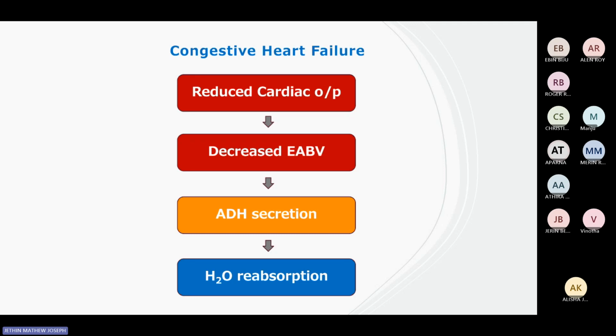We talked about the baroreceptors in the atrium and the carotid arch earlier. Because these baroreceptors detect a decrease in effective arterial blood volume, ADH secretion is going to happen, and because of ADH secretion, water is going to get reabsorbed into the intravascular space. As a result, you're going to get hyponatremia.